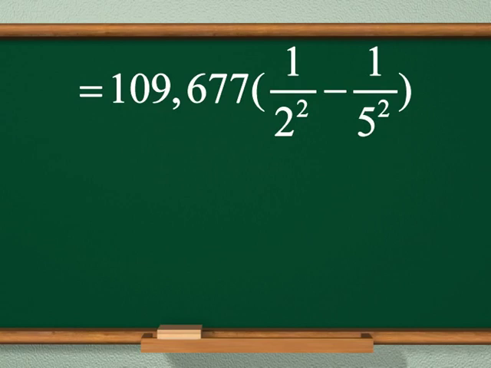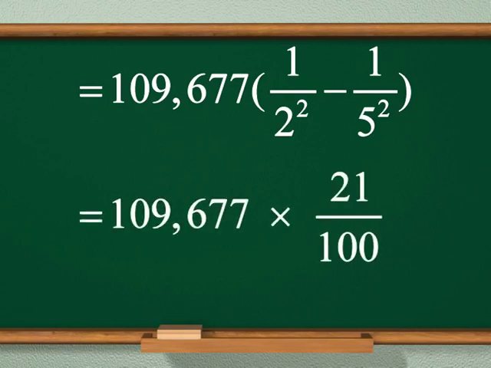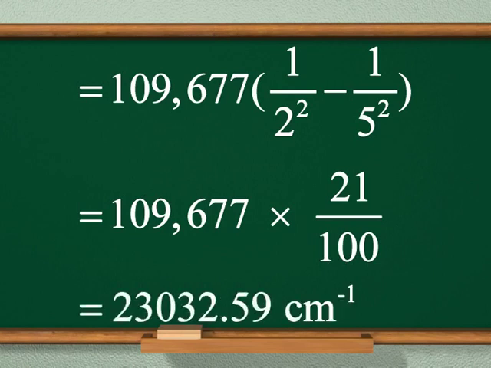109,677 multiplied by 1 upon 2 square minus 1 upon 5 square, which is equal to 109,677 multiplied by 21 upon 100. Its value comes out to be 23,032.59 per centimeter.